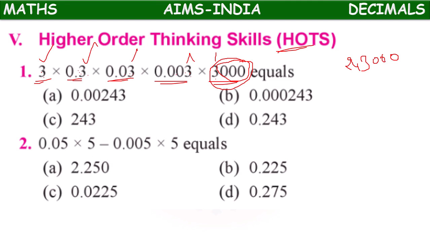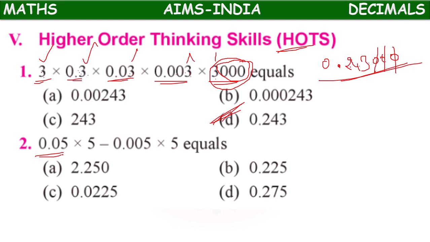Means 1, 2, 3, 4, 5, 6. After 6 places, we have to keep a decimal point. 0 point 0.24300. But the zeros on the right side of the decimal point don't have any value. So 0.243. D option is the right answer.